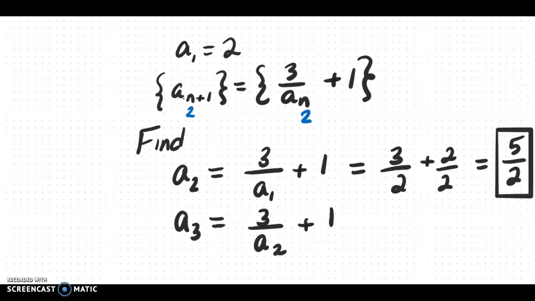So a sub 3 would be equal to 3 divided by the previous term plus 1. So we would have 3 divided by 5 halves plus 1.